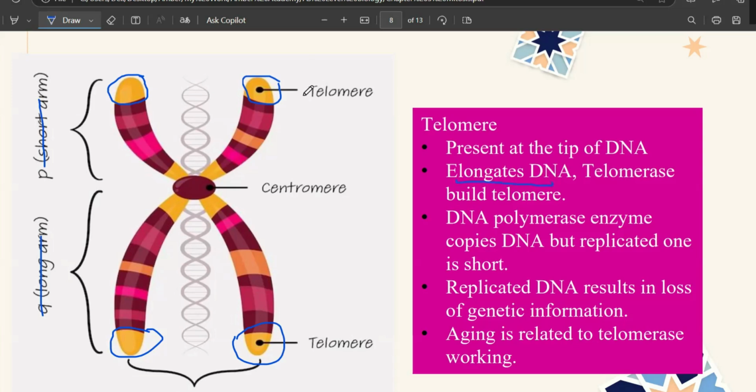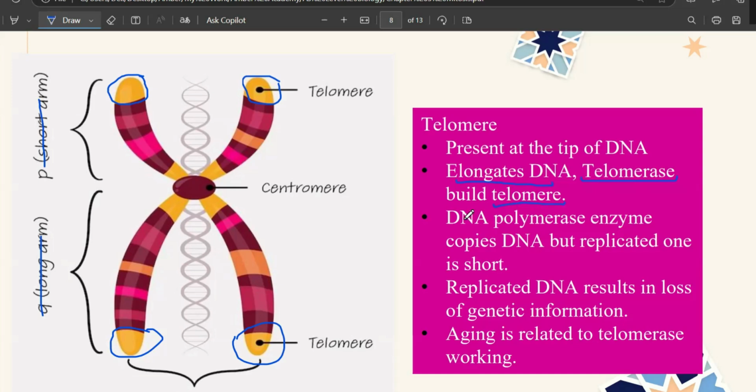So one of the functions of telomere is to elongate or lengthen your DNA. And how telomeres are built, they're built with the enzyme action of telomerase. Okay. So telomerase is responsible to build telomeres. And what exactly is a telomere? It's something which is present at the end of DNA.